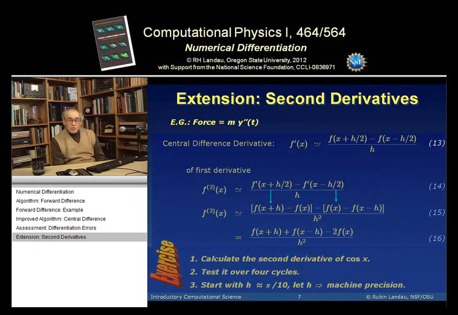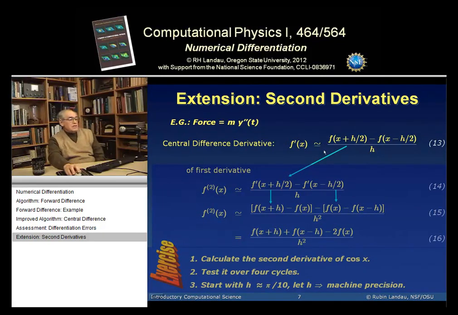So do we have to go through all of this again for the second derivative? Well, the answer is no. We've done all the hard work. You just take the first derivative of a first derivative, and you have a second derivative. That sounds complicated, so let's look at what we're saying.